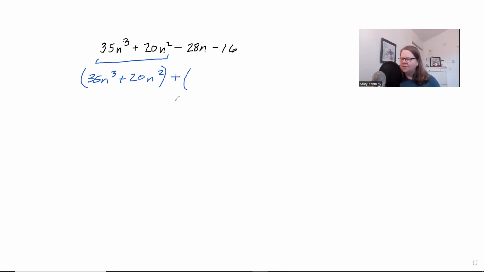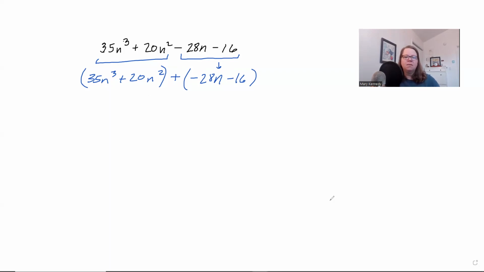And then you're going to put negative 28n minus 16 in the parentheses. So notice what happened. I brought down, I inserted a plus sign. I'm saying I'm adding these groups. And then I just simply brought this down and put it in parentheses, so nothing changed about it.